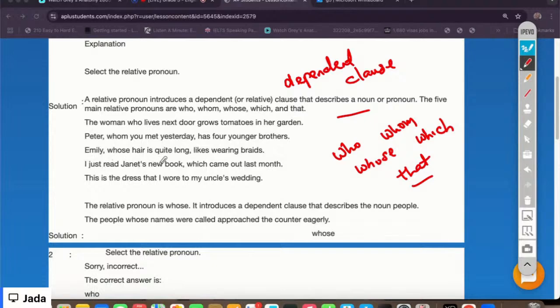I just read Janet's new book, which came out last month. This is the dress that I wore to my uncle's wedding. All right, so all these are sentences with the main relative pronouns that we have.